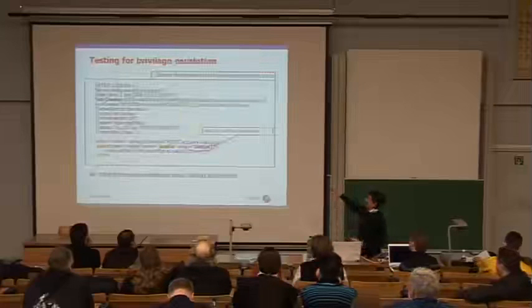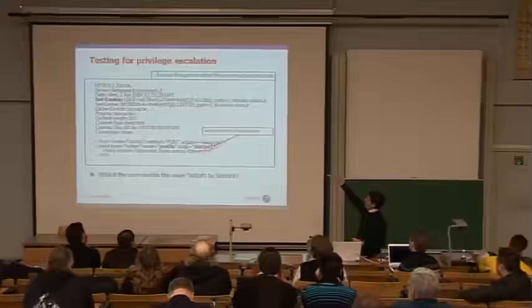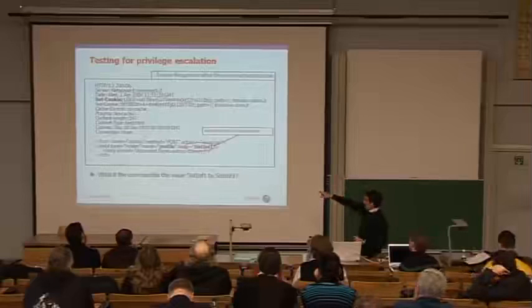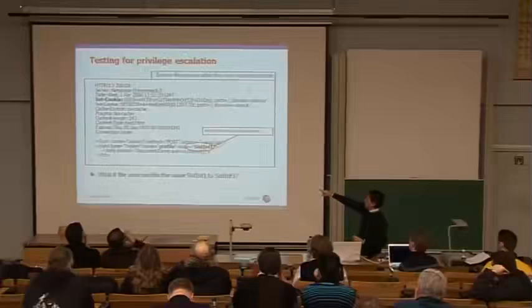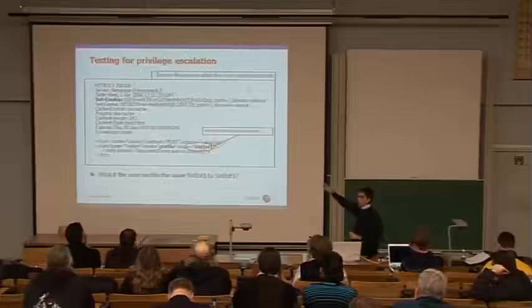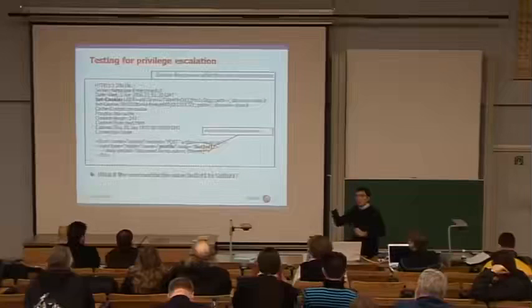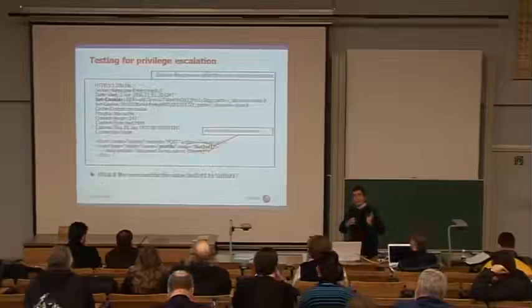Another test is testing for privilege escalation. For example, here, the server response after the user authentication. Here, the application uses a hidden field with the profile value. You can see sysinf1. And this value is the authorization parameter. And once again, it is given on the client, and you know, everything that is on the client is available to the user.